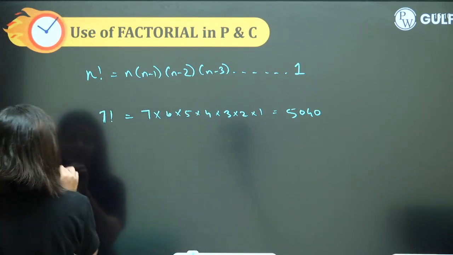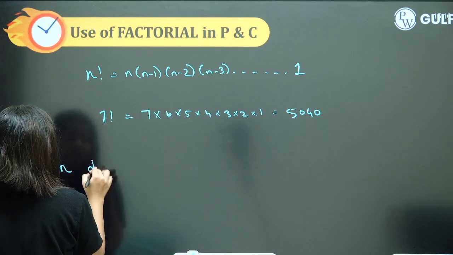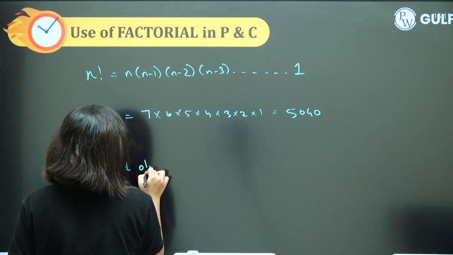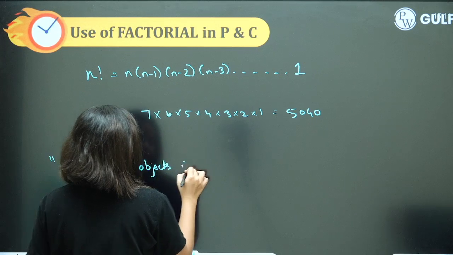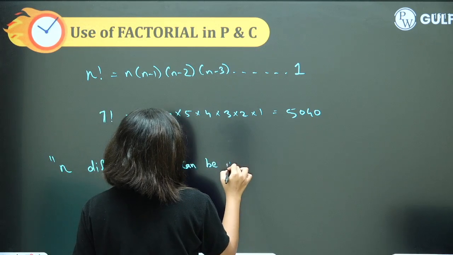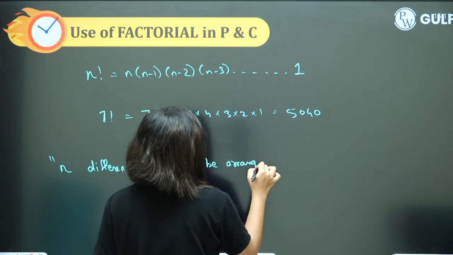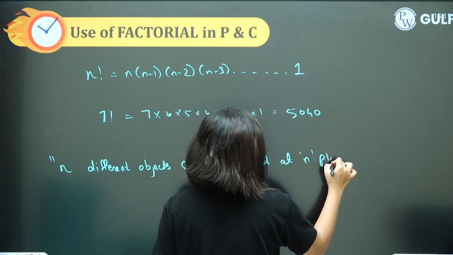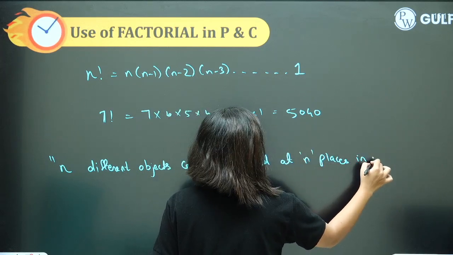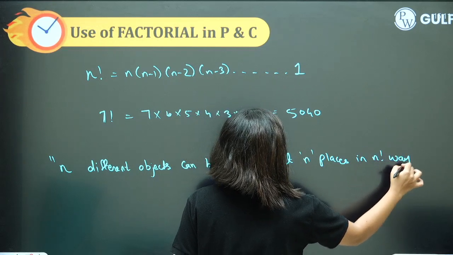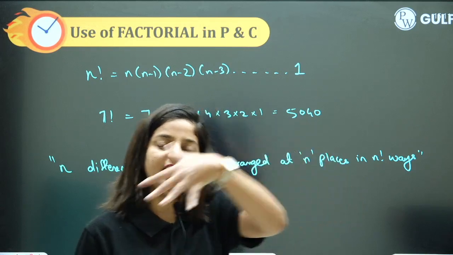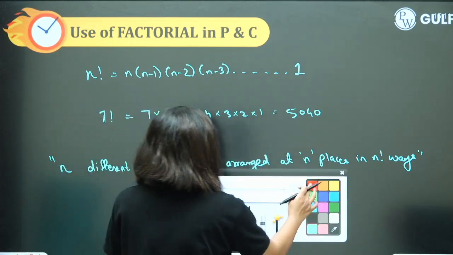That also gives me an important piece of information: n different objects can be arranged at n places in n factorial ways. If there are 5 objects and you want to arrange the 5 objects at 5 places, it can be done in 5 factorial ways. Check.